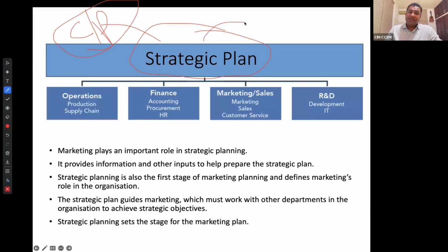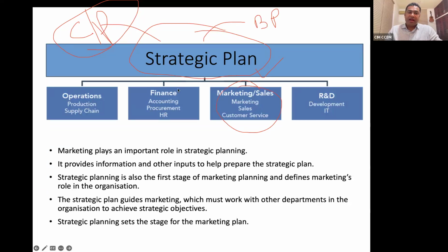We can also call this the business plan. Usually the CEO, the board of directors, and all the functional heads get involved in crafting the business plan or the strategic plan. After you finish the strategic plan, you do the marketing plan.